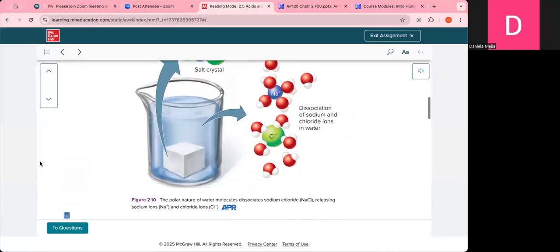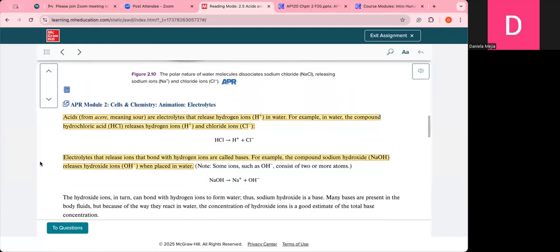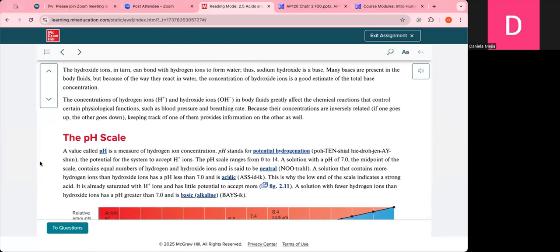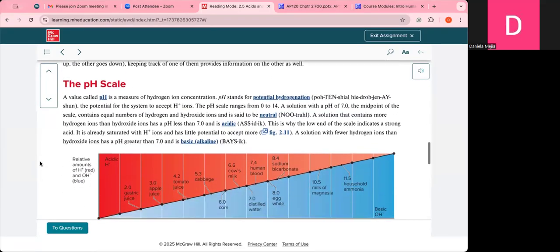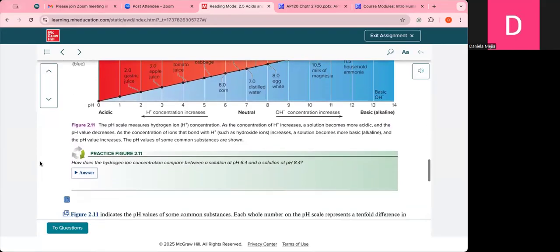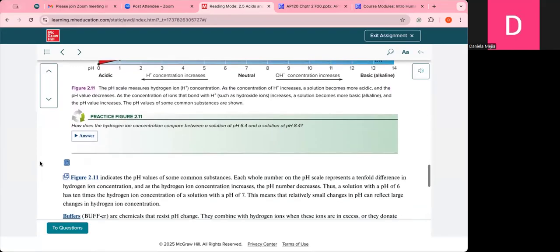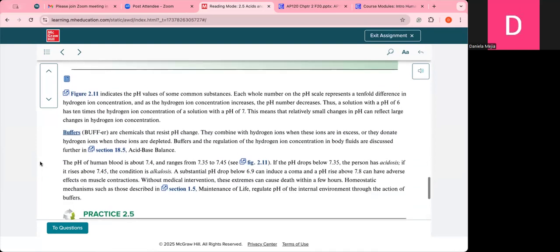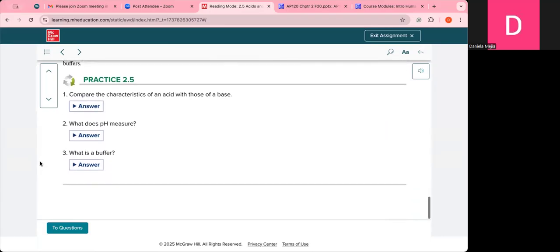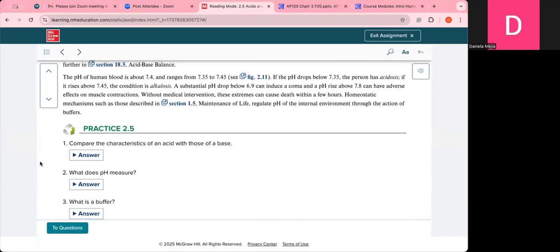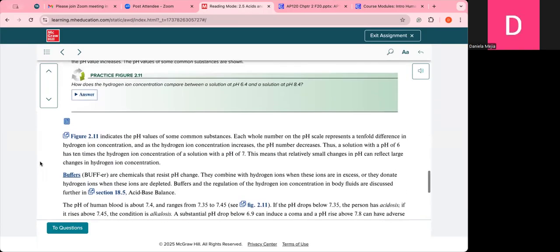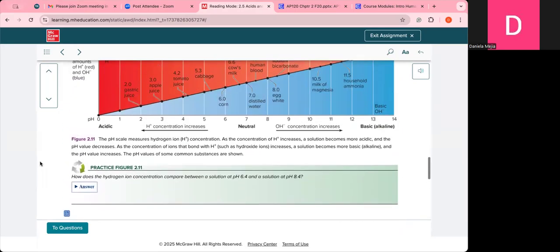Then they talk about pH down here, right? It talks about how bases, right, but bases are the ones that release hydrogen. That's kind of in the middle, above the practice.